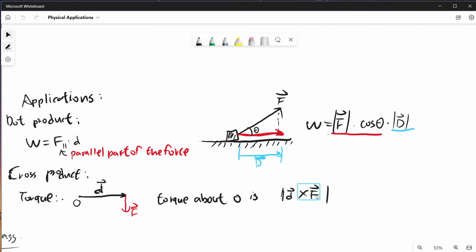So first, related to the dot product, when we're dealing with a force on an object where the direction of the force is not the same as the movement of the object, the actual work being done is not simply the force itself times distance.